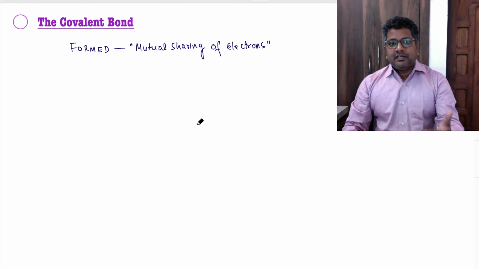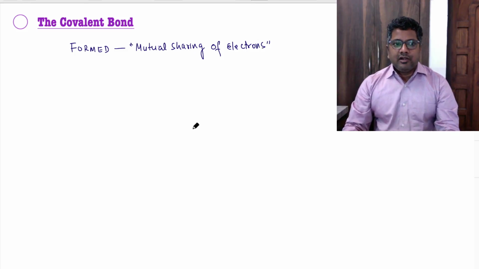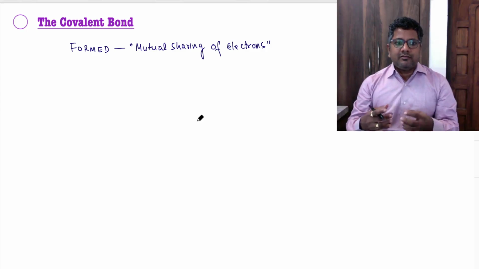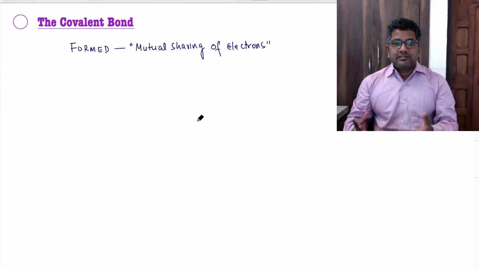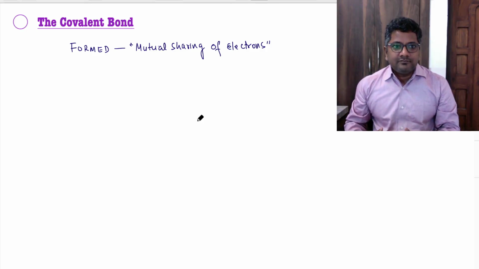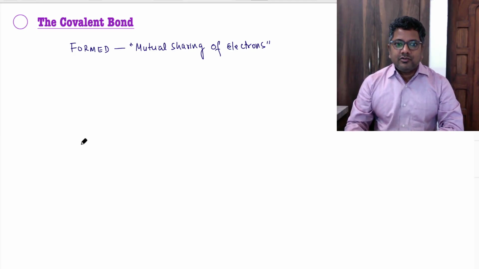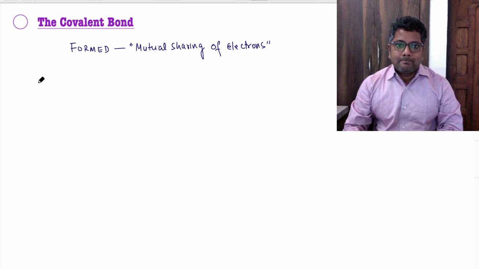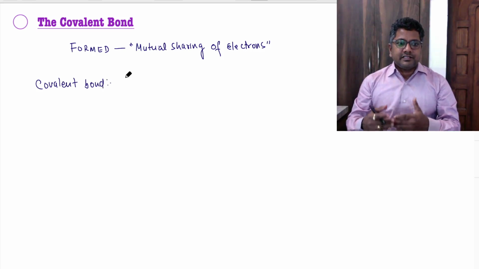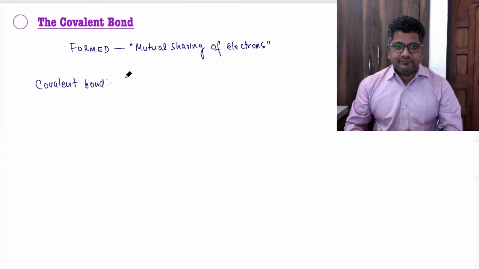As you have seen in ionic bonding, what is an ionic bond? An ionic bond is basically the electrostatic attraction between two ions. Similarly, what is a covalent bond? The covalent bond is basically the shared pair of electrons.